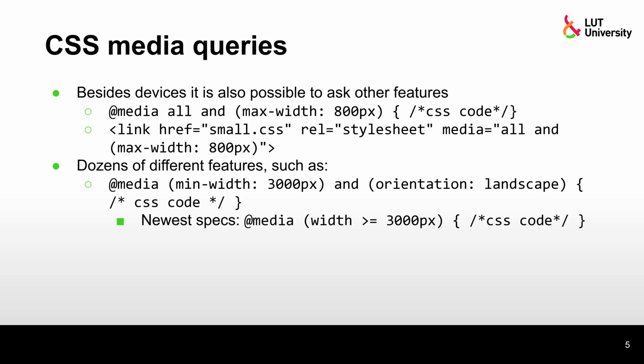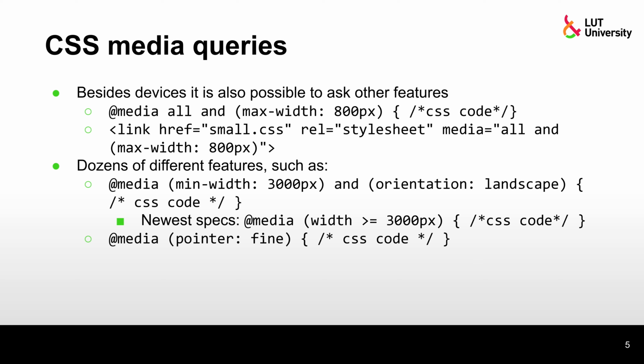Or in the newest CSS specs, we can even shorten this a bit. We can write width greater than or equal to 3000 pixels. And we can check, for example, if the pointer is fine, which means that this browser is using a device that has a fine pointer.